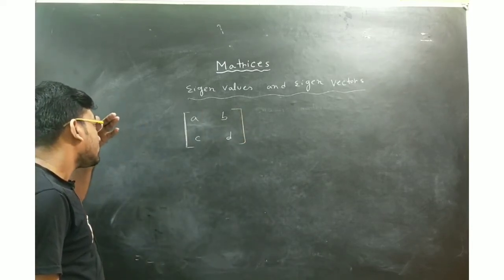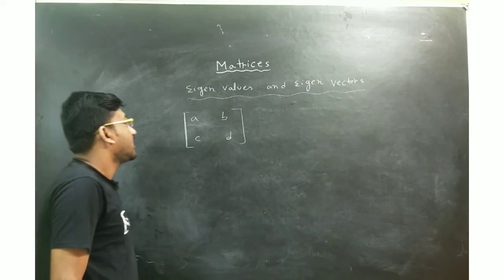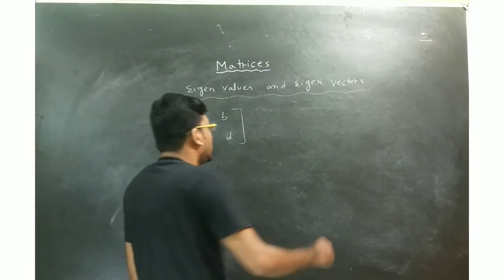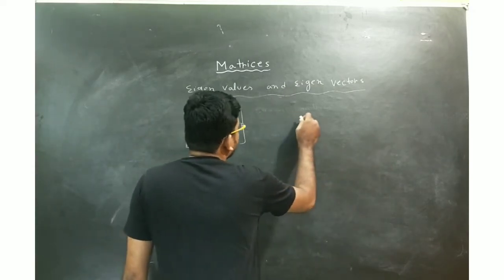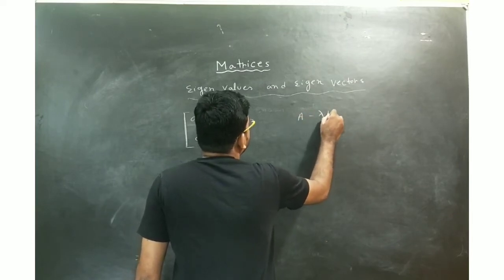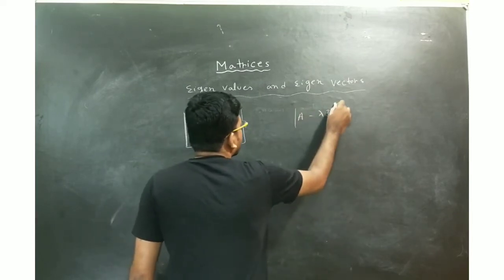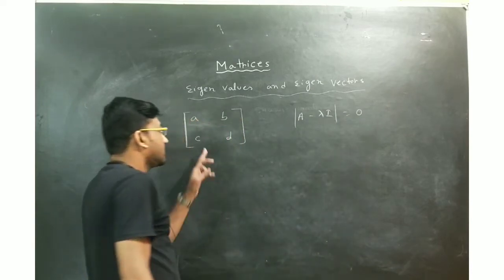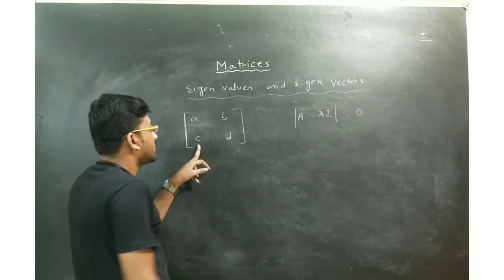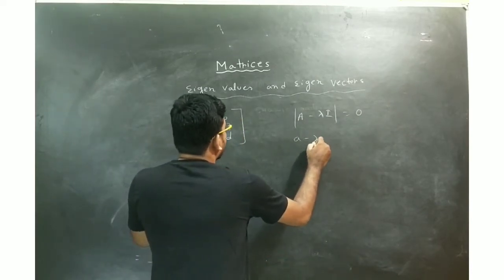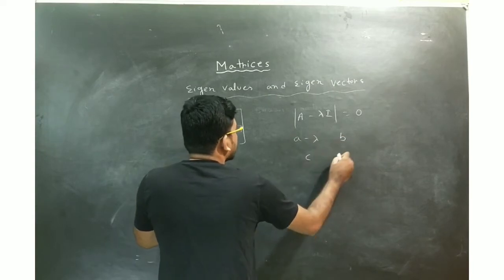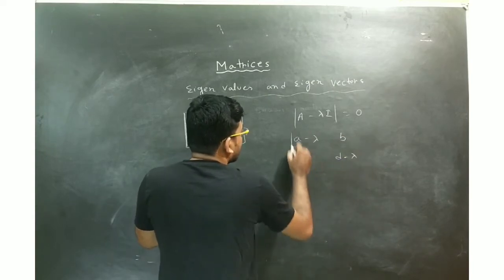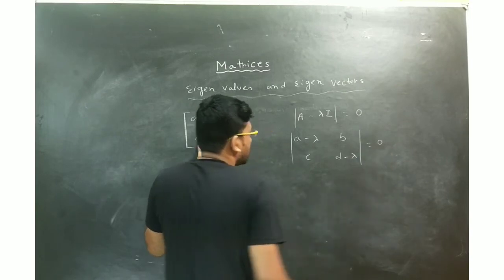Now for this square matrix, let me find out the eigenvalues. So if you write A minus lambda I equal to 0, you can write the determinant of A minus lambda, B, C and D minus lambda equal to 0.